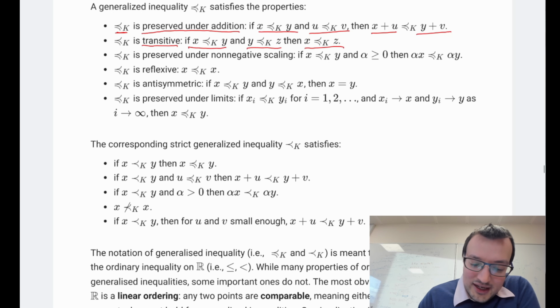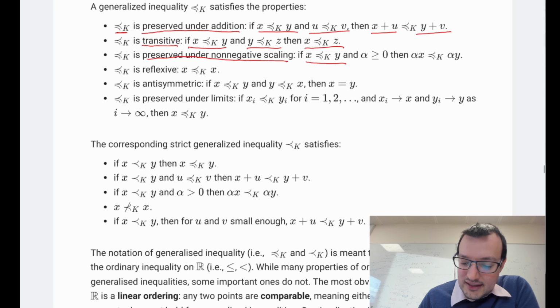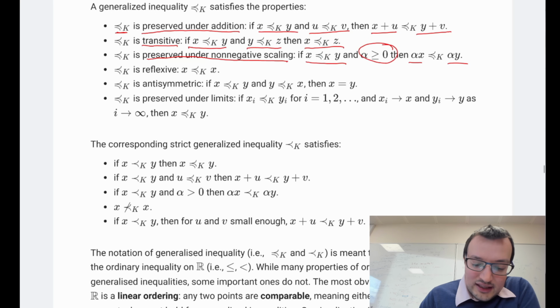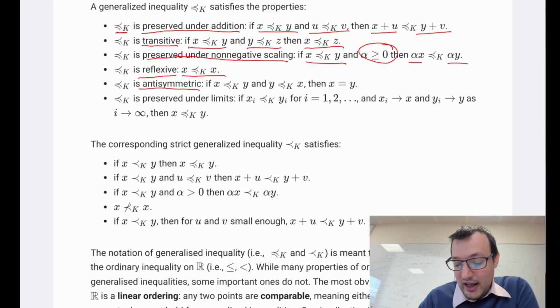The generalized inequality is preserved under non-negative scaling. That means that if x is less than y and we have a non-negative factor alpha, then alpha x is less or equal than alpha y. The generalized inequality is reflexive, so x is less or equal than itself. It is antisymmetric, which means that if x is less than y and y is less than x, then they are the same element.